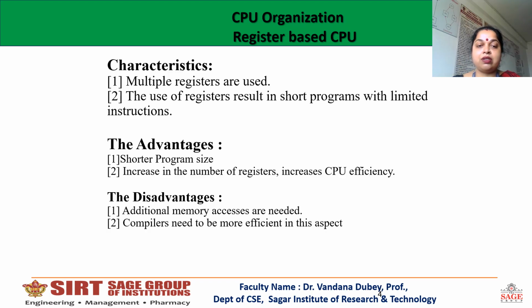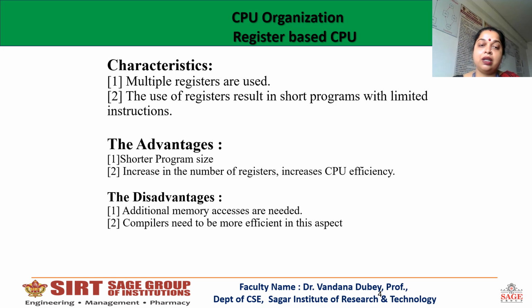Since registers allow direct access to data, instructions do not require a memory access, leading to shorter and faster execution of programs. Register-based architecture often uses load and store operations, where most arithmetic and logical computations happen within registers rather than memory.